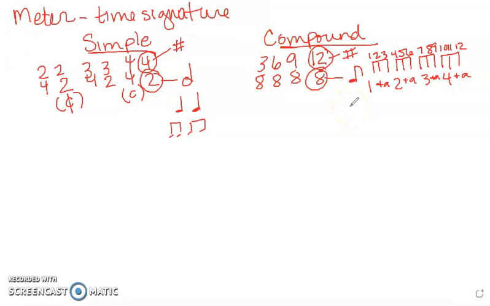The issues with these: we're going to be looking at writing them and identifying meters, and then potentially even recognizing them aurally. When you're identifying a meter, obviously we're going to identify simple or compound, but then we have a little bit more detail that we can add, which would be duple, triple, or quadruple.